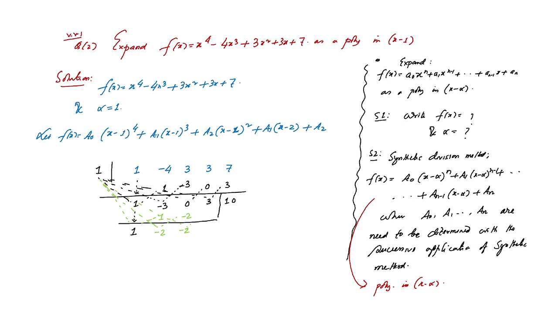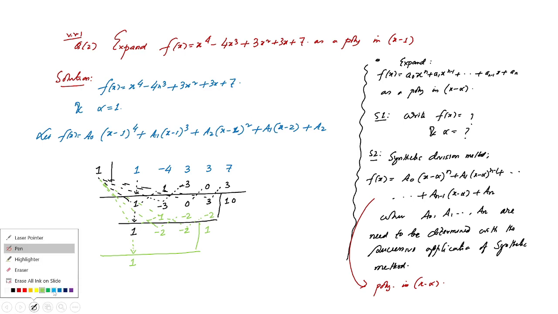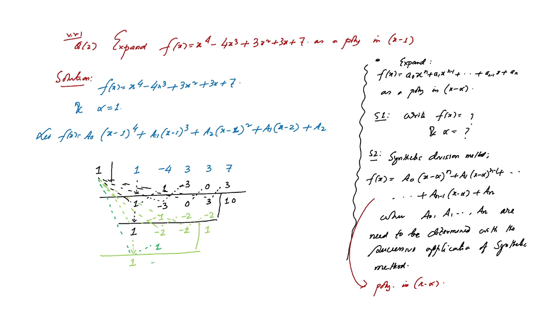And 1 into minus 2, so this is minus 2 plus 3, which is 1. Again, write 1 here. So 1 into 1, 1. So 1 plus minus 2 is minus 1. And 1 into minus 1, this is minus 1. So minus 3.